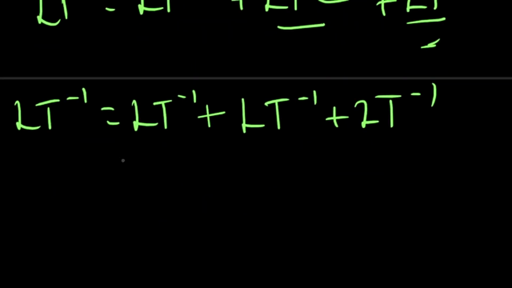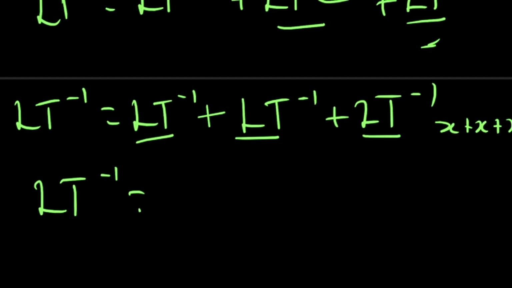Okay, so you can see that we have LT^-1, LT^-1, LT^-1. They are adding, so we can add them together, just like when you have x plus x plus x. They are just like terms, so we can add them together. Therefore, we have LT^-1 is equal to, this one is 1, this is 2, this is 3, so we say 3LT^-1.